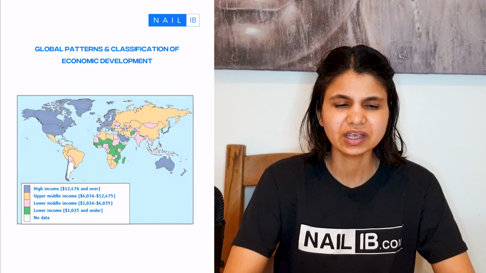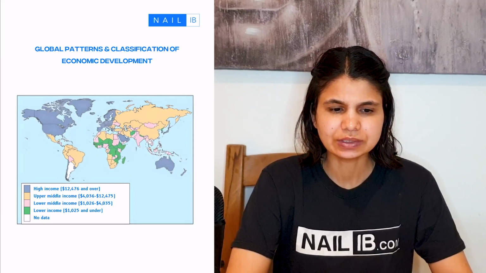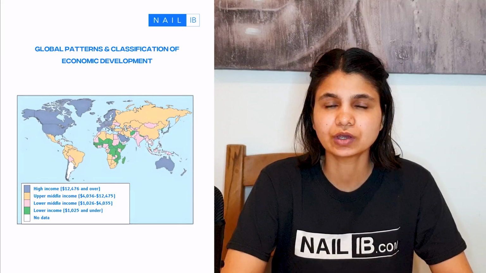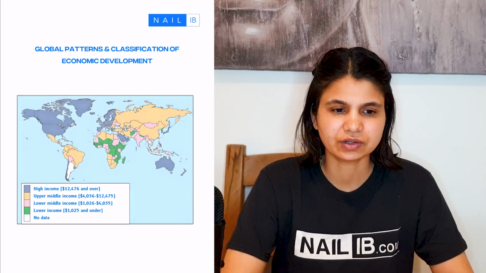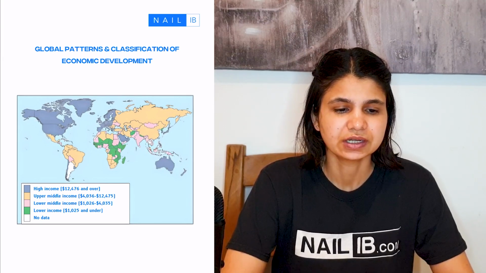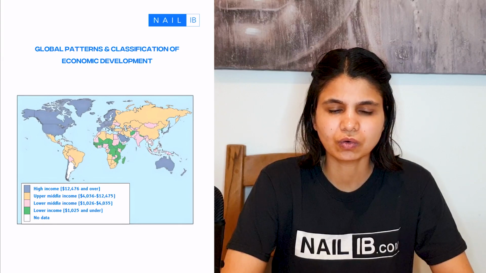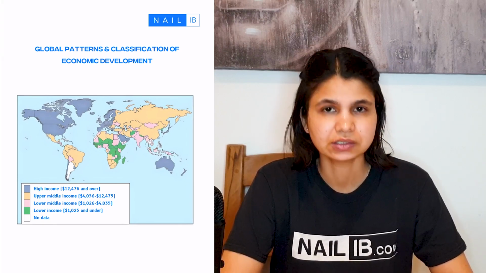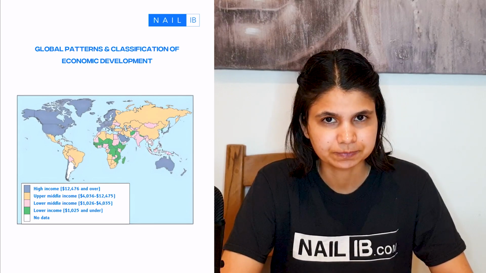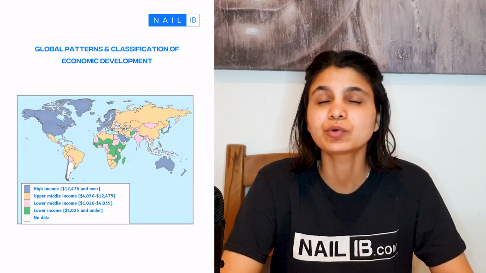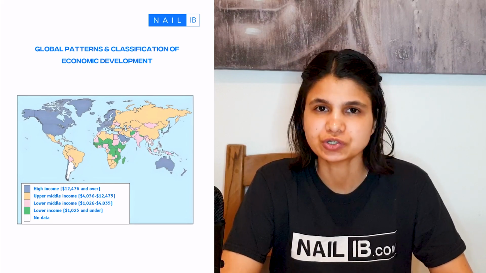So if you look at the world map here, you will see that the high income countries, the countries which have a high economic development, are North America, Eastern Europe, Australia, some of the Middle East countries. This is also the area, and if I were to make you guess, with high or low population density. So these are all the areas which do not have the problem of excess population.